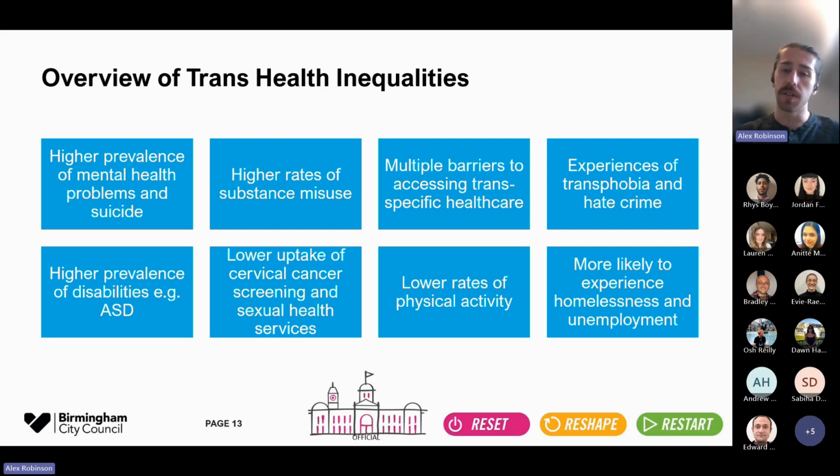There's also, similar to lesbian women, issues with and barriers to cervical cancer screenings. So 58% of eligible trans people registered female at birth had undergone cervical screening. And 17% of trans people had accessed sexual health services in the preceding 12 months, compared with 29% of cisgender LGBT people.